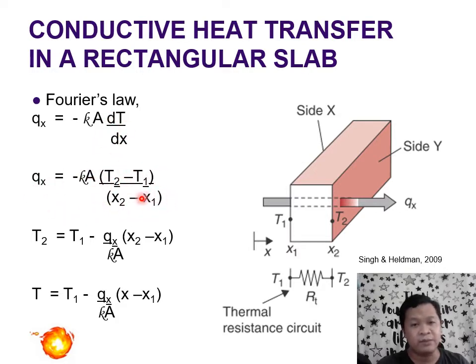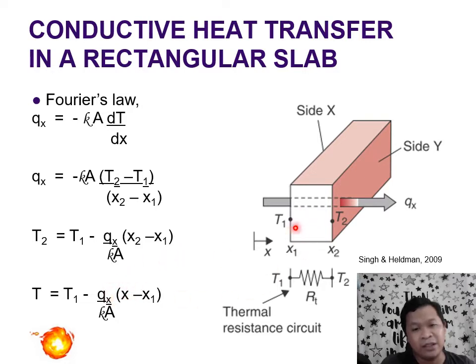X2 minus X1 respectively. And if we were to manipulate this equation to bring out one of the temperatures, okay, we could equate the other temperature to T1 minus the product of these, or rather this equation. Okay, and then we can see here we can do this to find out the temperature at any point x, no?